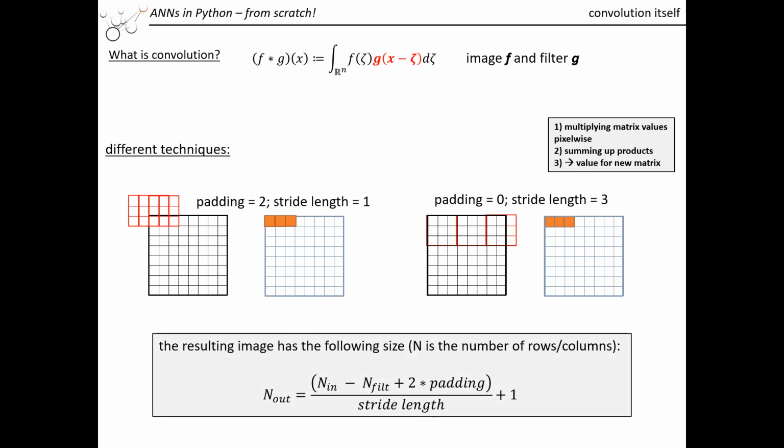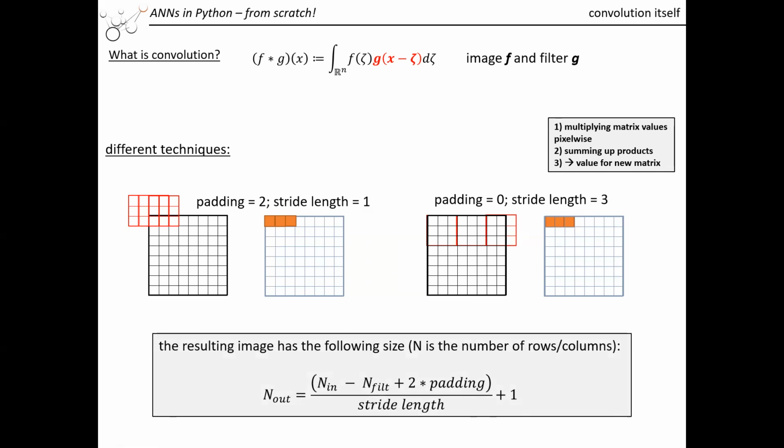This is also something we're going to take a look at when we have our convolution. We want to play a bit with that when we have our codes, and run our convolution for different padding and stride length, and check what the size of the output image is compared to the input image. The size of the output image is determined by the size of the input image, the size of the filter, the padding, and the stride length.